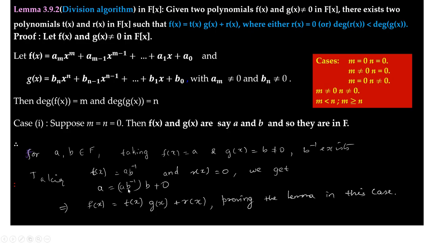It's a very simple discussion. b inverse b gives you 1, a into 1 is a, so a is rewritten in this way, and choosing this as t of x and this as r of x, we have f of x equal to t of x into g of x plus r of x, because a is already f of x. This proves the lemma in this case.